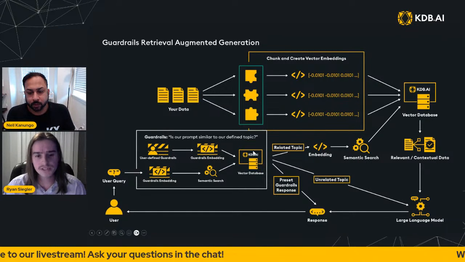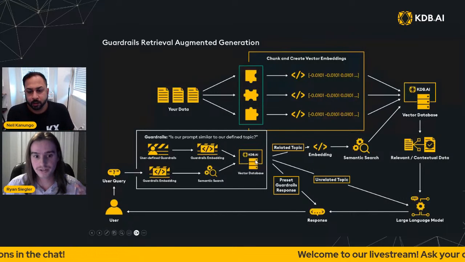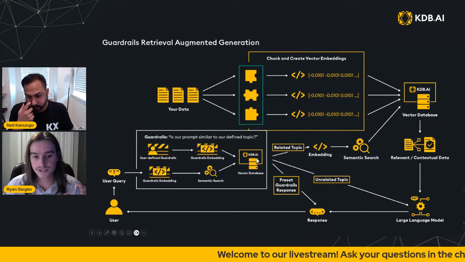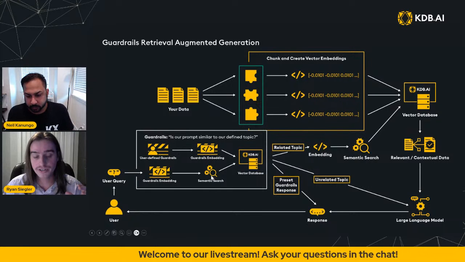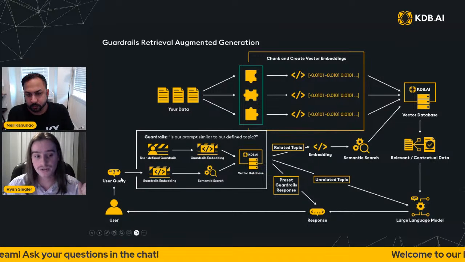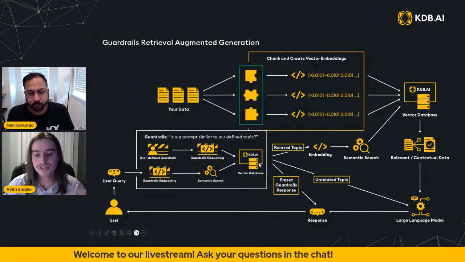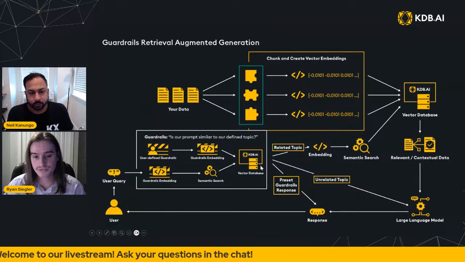These guardrails will be stored in a vector space. So you're doing a mini similarity search with your user query to that vector space where these defined guardrails are held. If a user asks a question about politics, it will compare this to the defined guardrails and see, yes, this is about politics. Then we can set a preset answer to send directly to the user.